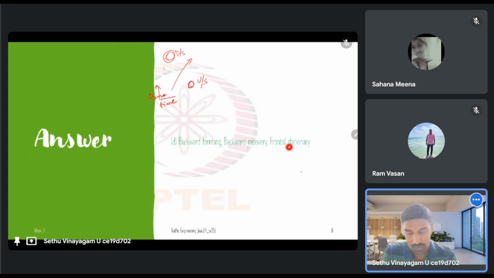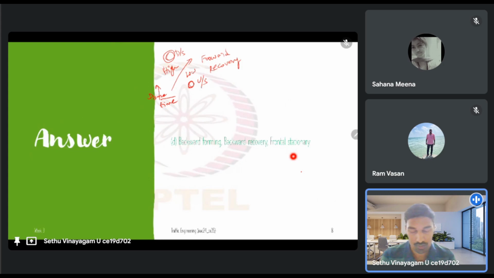So if the density in the downstream location is higher, and upstream is low, this high and low is all relative, right? Compared to downstream, if upstream is low, that's the condition we are looking at. So in this case, it will be forward recovery, right? So this is for forward.